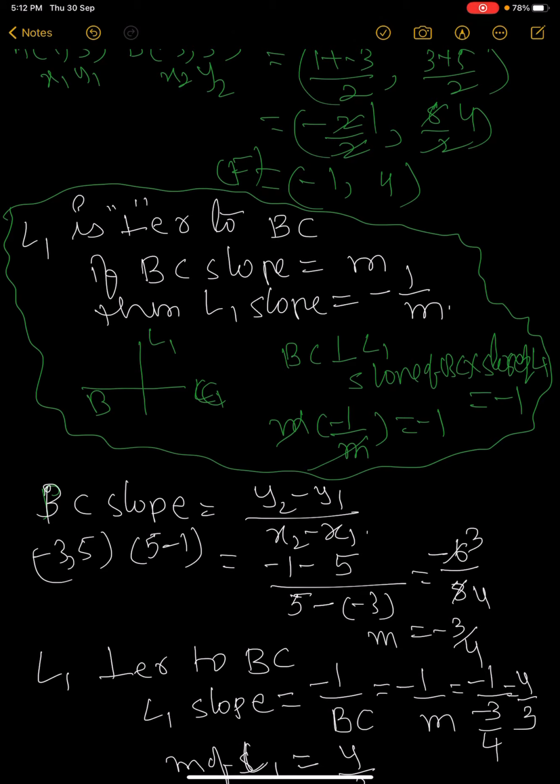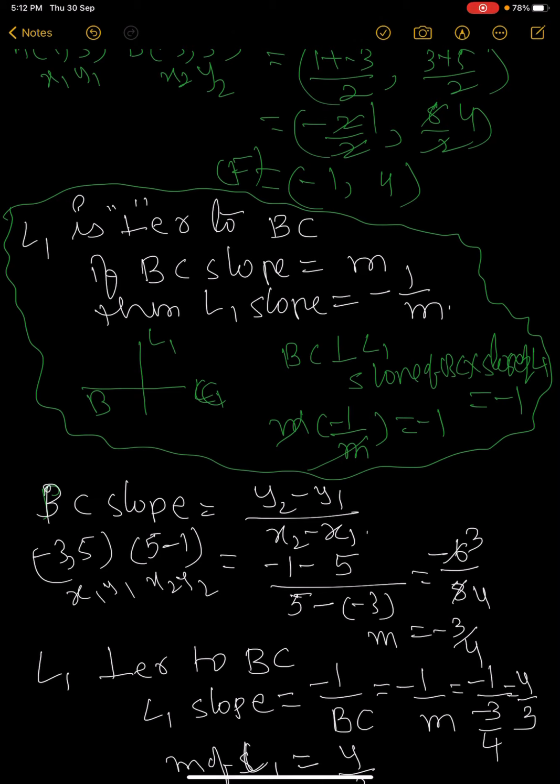The BC slope is (y2 minus y1) by (x2 minus x1). B is (-3, 5) and C is (5, -1). You substitute the values: (-1 minus 5) by (5 minus (-3)) is equal to -6 by 8, which is -3 by 4. Here the BC slope M is -3 by 4.